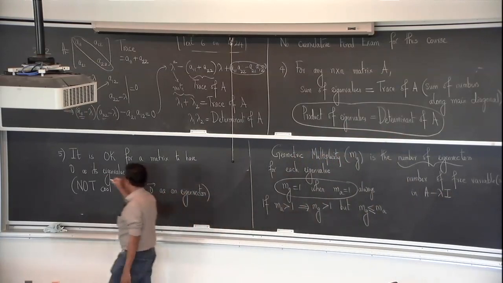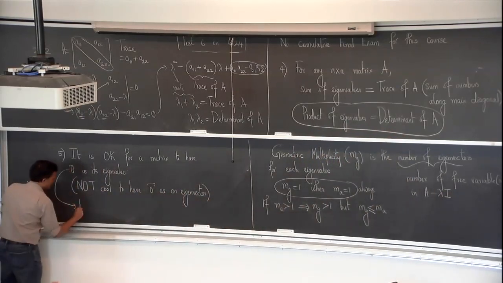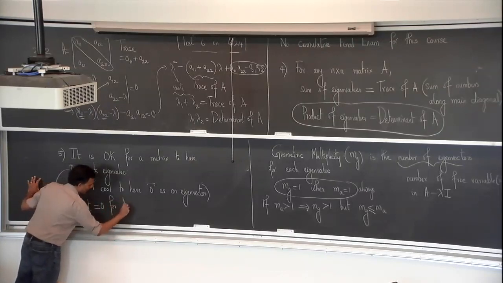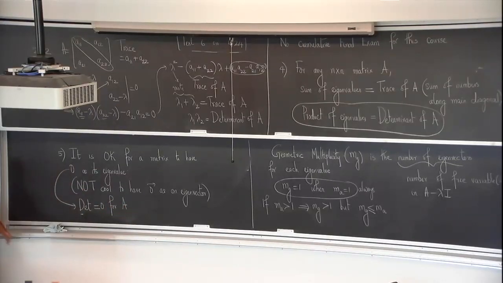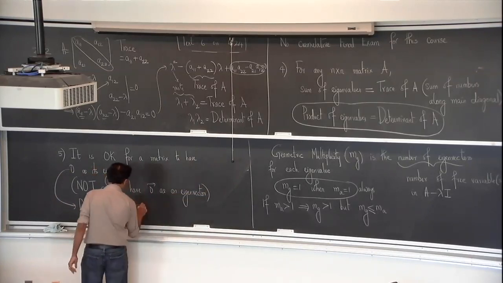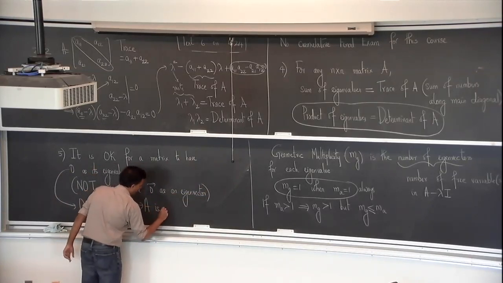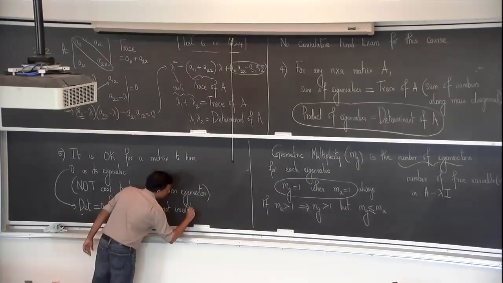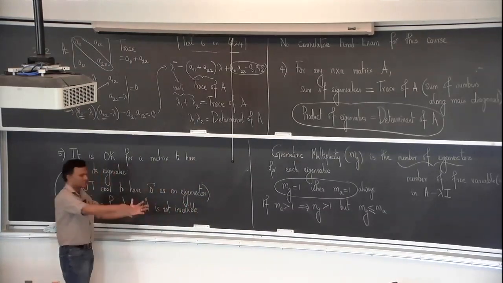So if 0 is an eigenvalue, then the determinant is equal to 0 for the matrix A, no matter what else is going on there. You probably have no idea what the matrix would look like, but you know that 0 is an eigenvalue, so the determinant is equal to 0 because of that property. Which also means that A is not invertible, and all the other statements that follow from it.